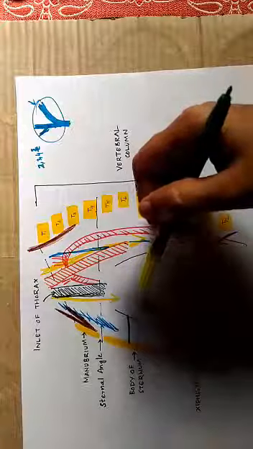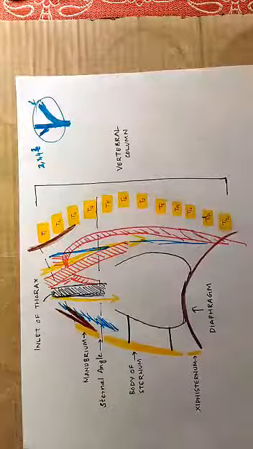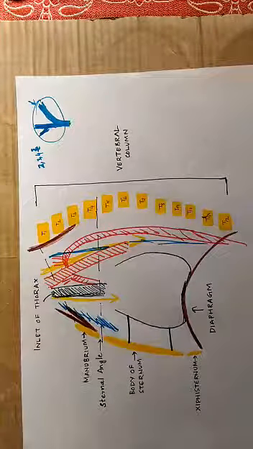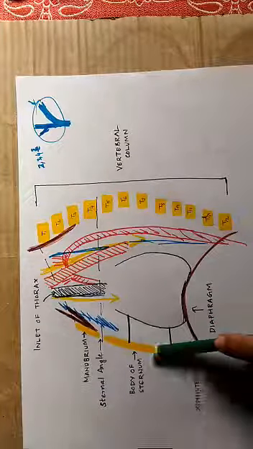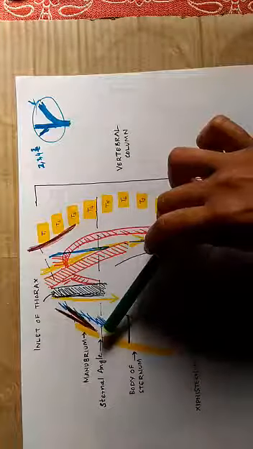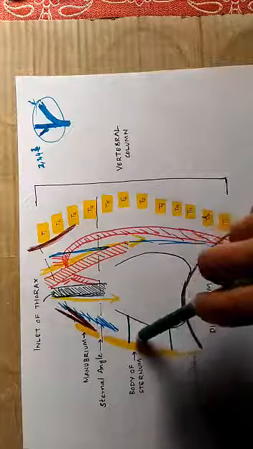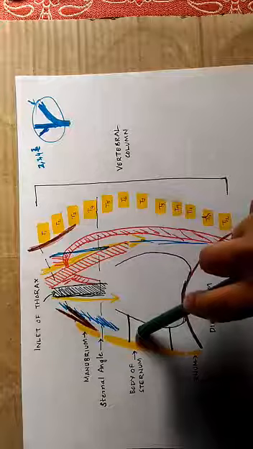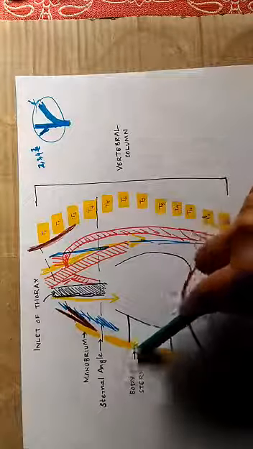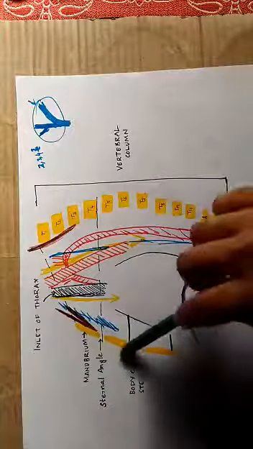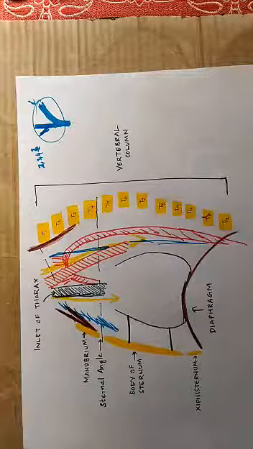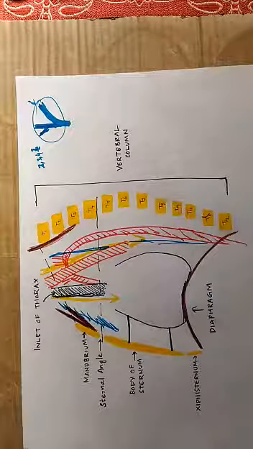And then comes the middle mediastinum. The boundaries of the middle mediastinum are anteriorly the body of the sternum, because there is no clear structure in the anterior mediastinum, so we can say that the anterior boundary of the middle mediastinum is the posterior surface of the sternum.